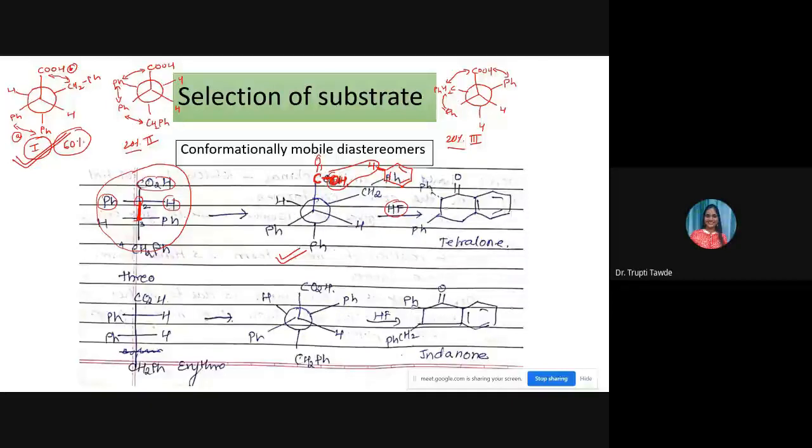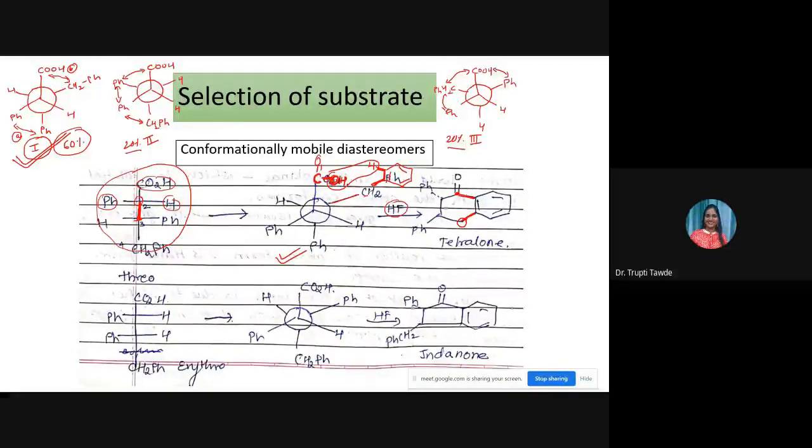Can you see, this carbonyl group is bonded to the benzene ring, because from here water has been lost, right. Now see, this CH2 is at the ortho position of this bond. So this CH2 is at ortho. This is my CH2 group.